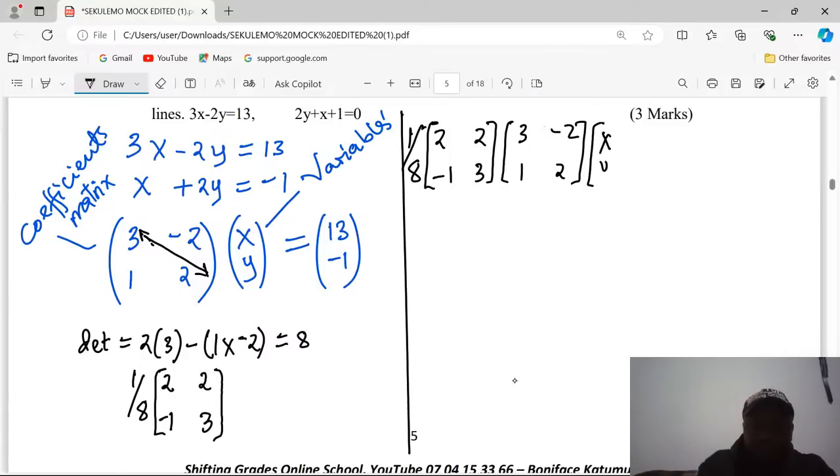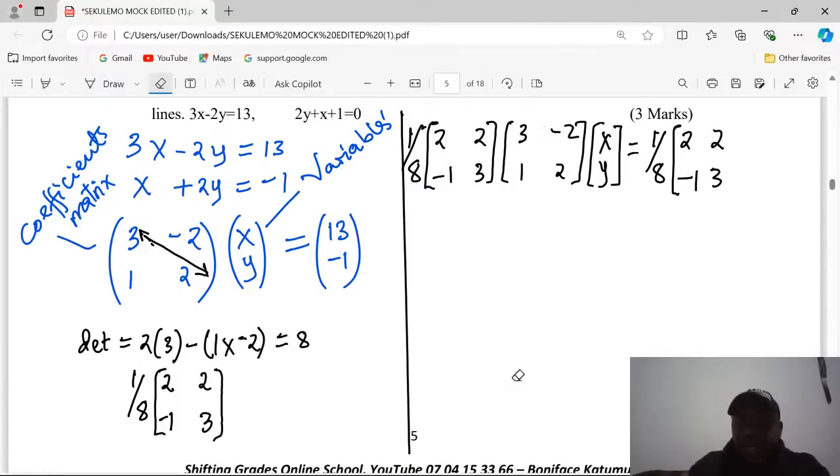XY equals to, we also start with the same here, 1 over 8, 2, 2, negative 1, 3. Sorry. On the right hand side, we are having different things: 2, 2, negative 1, 3.